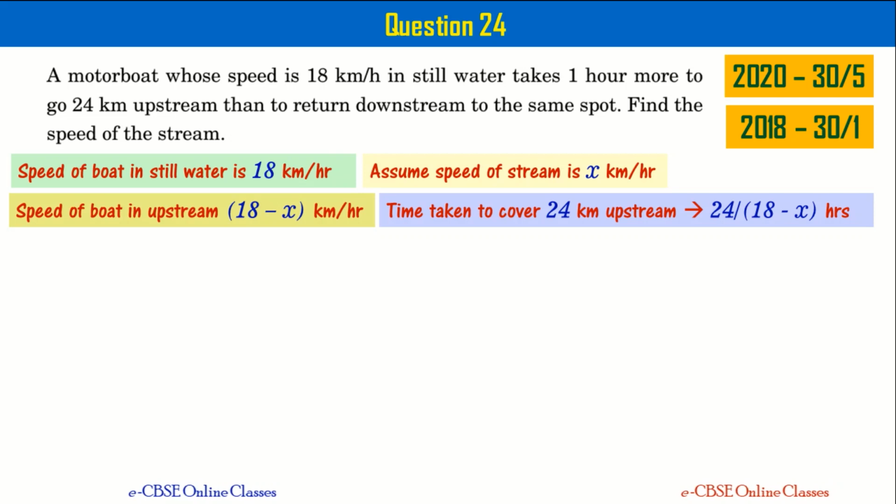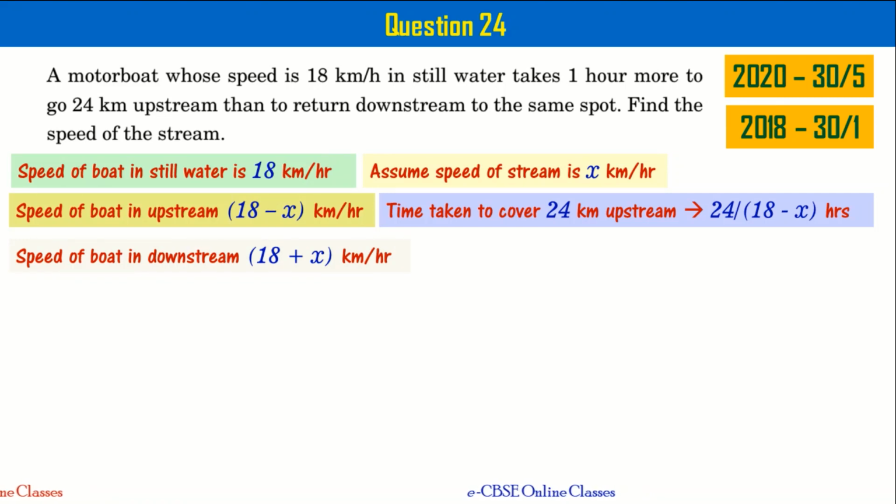So time taken to cover 24 kilometers upstream is given as 24 divided by 18 minus x hours. Please take a note of this. Speed of boat in downstream is going to be much higher than 18 kilometers per hour, so it is going to be 18 plus x kilometers per hour.